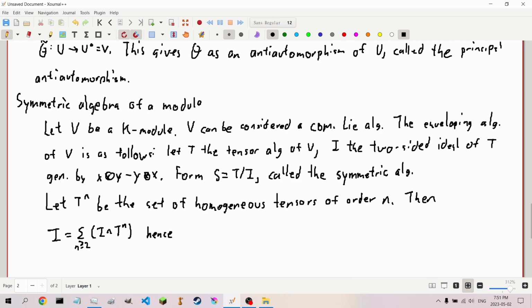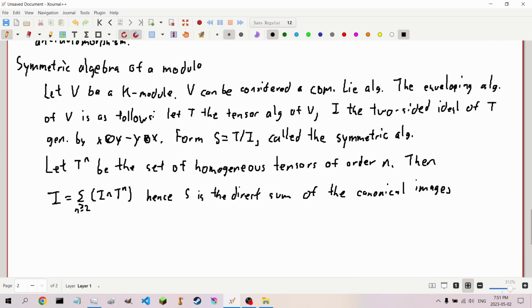which gives us S as the direct sum of the canonical images Sn of each Tn.